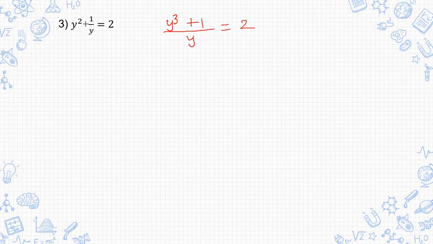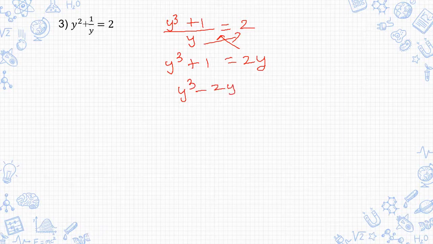Now you just cross multiply, you take this y on the other side. So we'll have y cubed plus 1 is equal to 2y. Now you just take this 2y on the other side, it becomes minus 2y. We'll just do the rearranging. So we'll have y cubed minus 2y plus 1 equal to 0.